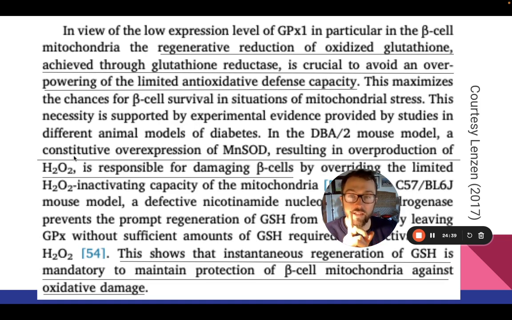Now, this is a constitutive overexpression of manganese superoxide dismutase, which, if you'll remember, is the molecule responsible in mitochondria for converting superoxide into hydrogen peroxide.